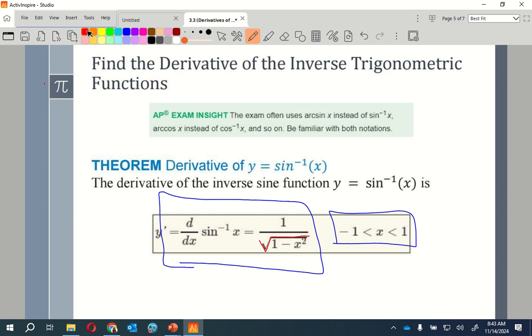So it can't be 0. Why can't I just have 1? What's 1 minus 1? What's square root of 0? Are we okay to have square root of 0? Yes and no. Depends where it's at. Can it be in the denominator? No. That's important right there. I'm allowed to have the square root of 0, but it can't be in the denominator. That's the restriction that we have to pay attention to.